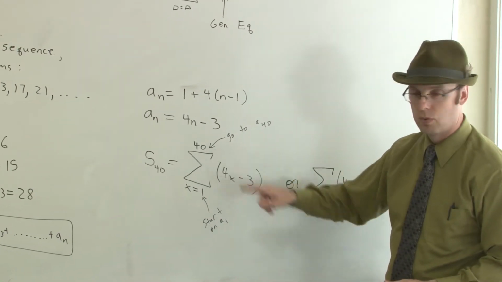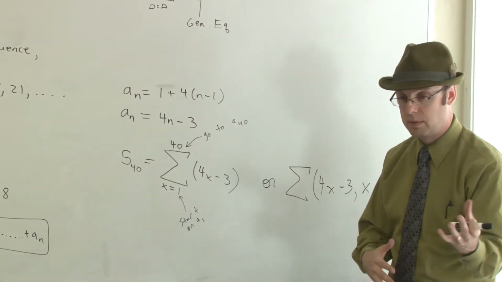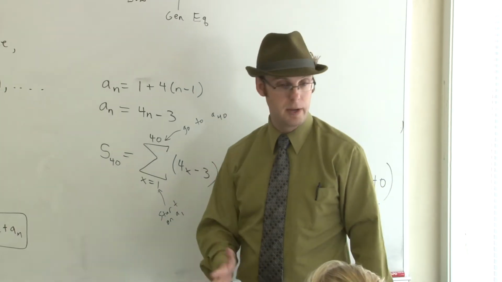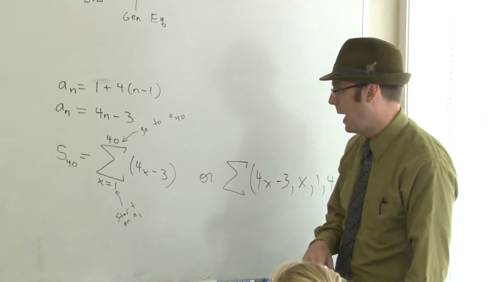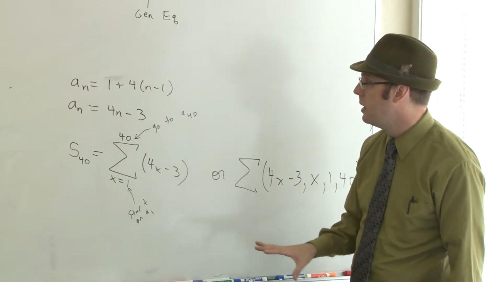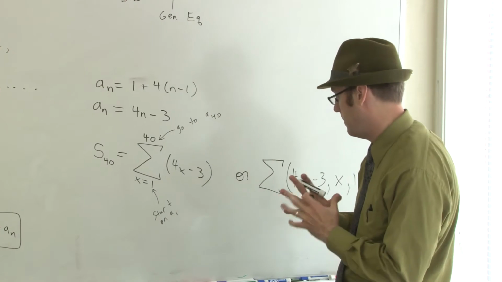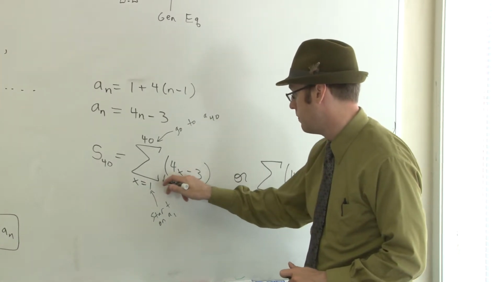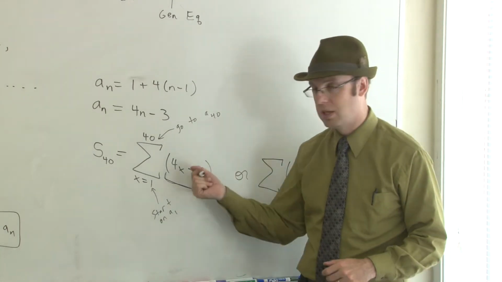I could just say x equals 20 to 40, and it would add up terms a20 through a40. So sigma notation is very powerful, and it's not that hard to get a handle on. You just have to get comfy with making general equations, and the general equation just gets slotted right in there.